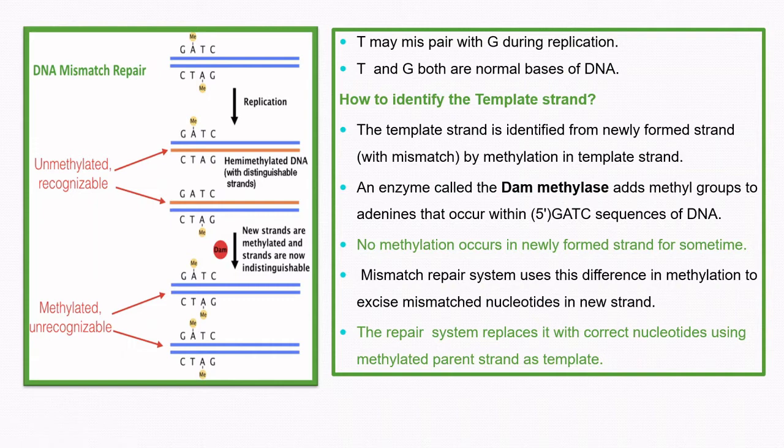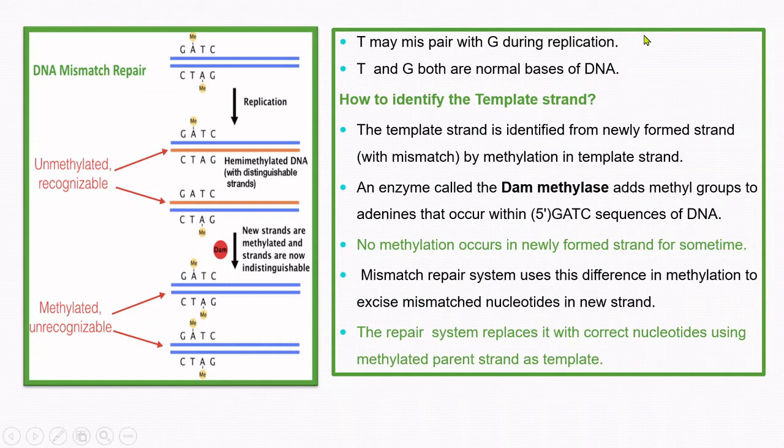Suppose during DNA replication, T mispairs with G instead of A. Thymine usually base pairs with adenine, and if it base pairs with guanine, then it is a mismatch.